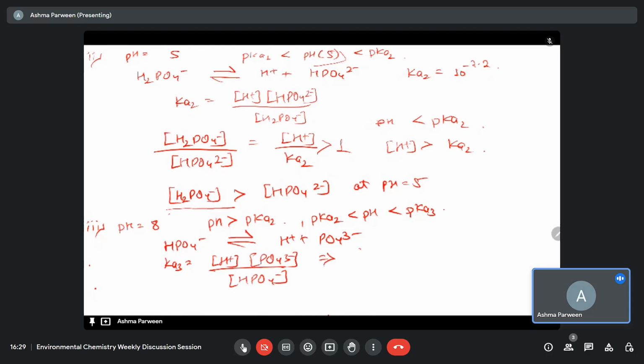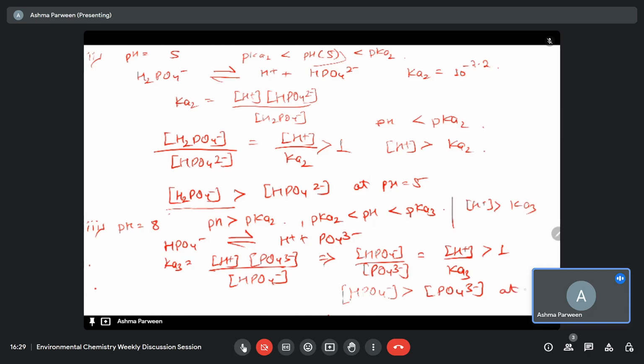We can write the relation in the terms of HPO4 2 minus upon PO4 3 minus will be equal to H plus by Ka3. We have been given pH 8, which is less than pKa3. It means H plus will be greater than Ka3, so this ratio will be greater than 1. So HPO4 2 minus will be greater than PO4 3 minus at pH 8.